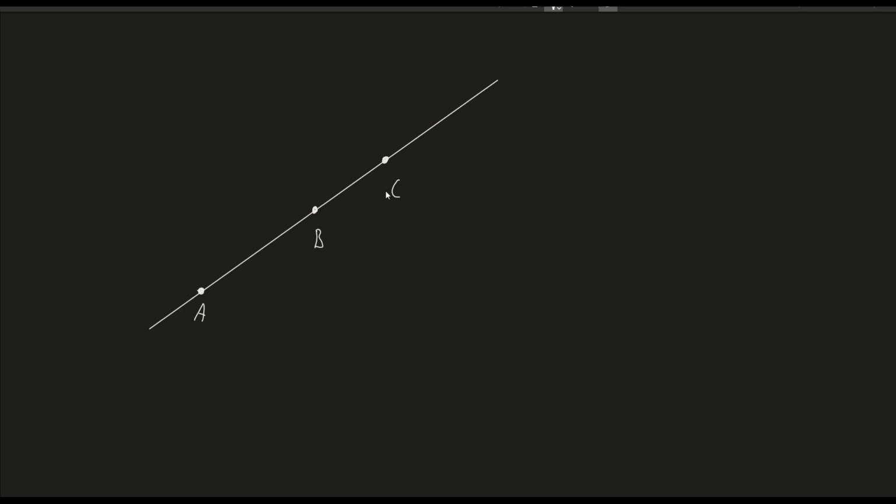The idea is if the gradients of the lines AB, or line segments I should say, AB and BC are the same, then this is one of the prerequisites for it being collinear. The other prerequisite is that B must be a common point between these 2 lines. So this line here has to have B in it, and then that line there also has to have B in it. Let's understand why that's the case.